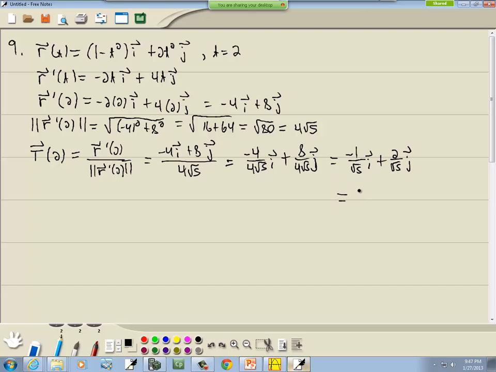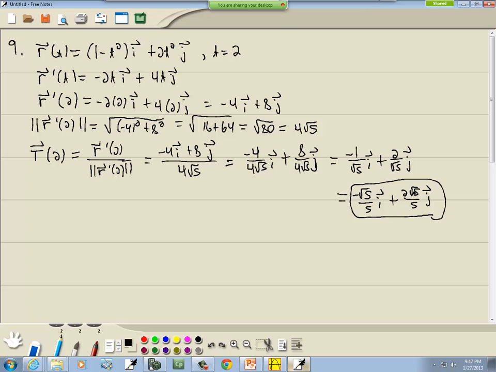And that gives us negative square root of 5 over 5 i, multiplying top and bottom by square root of 5, plus 2 square root of 5 over 5 j. And that's our tangent vector at that point.